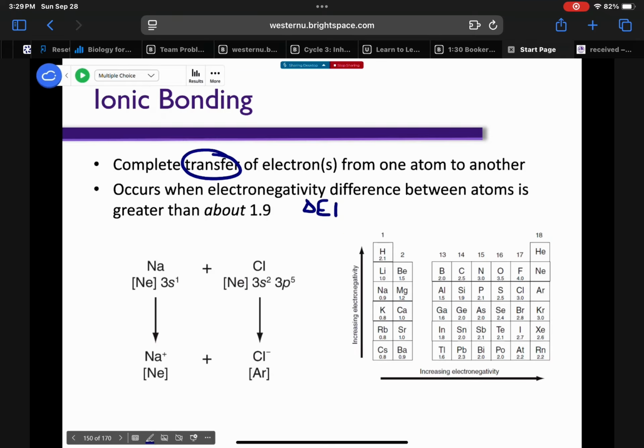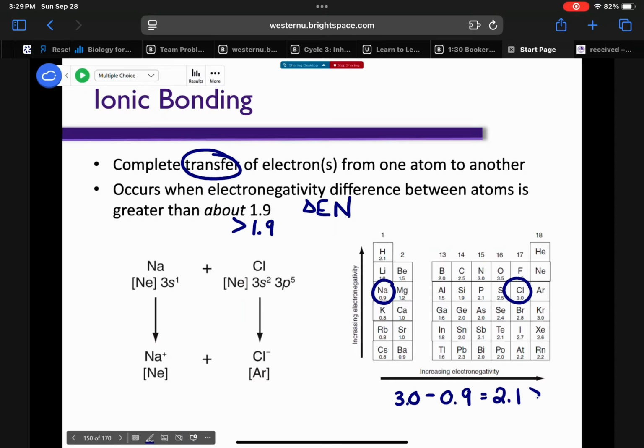For example, we could look at sodium and chlorine on the periodic table. We can see chlorine has an electronegativity value of 3.0. Meanwhile, sodium has an electronegativity value of about 0.9, which gives us an electronegativity difference between these two atoms of 2.1, which is certainly bigger than our approximate 1.9 value.